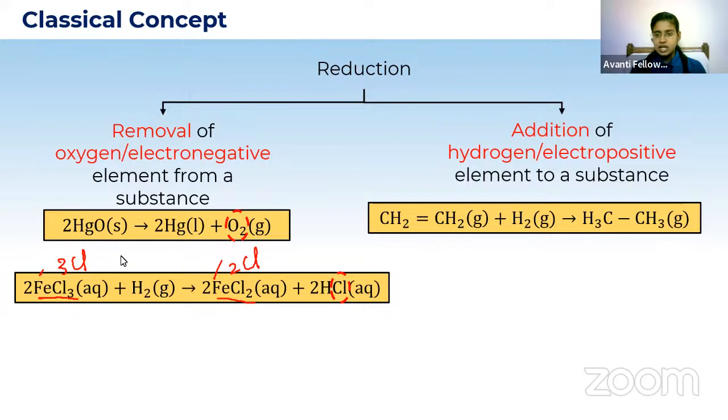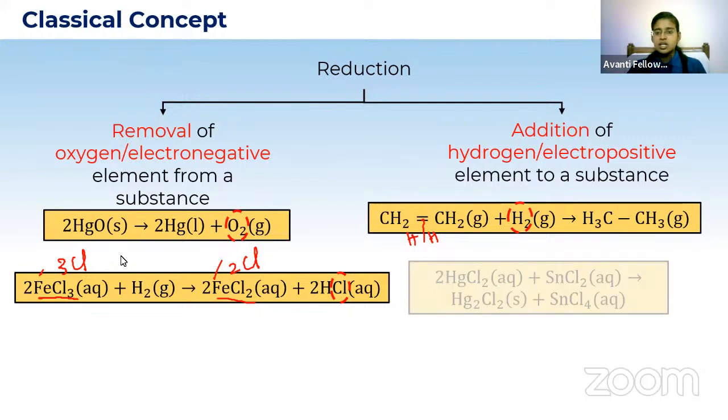This reactant is called ethene and hydrogen is added to this. So we basically break this bond and add 2 hydrogens like this. So addition of hydrogen leads to the reduction of the substance. Ethene has been converted to ethane. It means that it has got reduced. Addition of hydrogen leads to reduction.